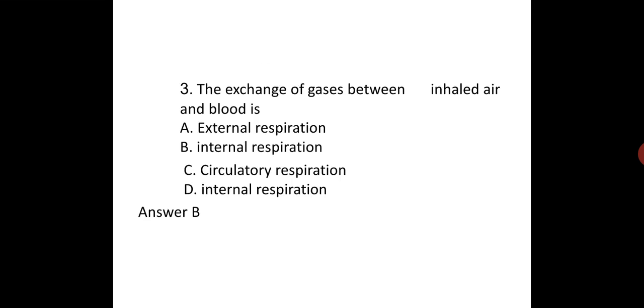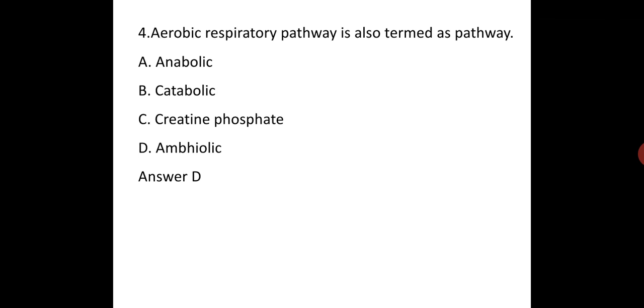The third one is, the exchange of gases between inhaled air and the blood is called internal respiration. So in both B and D I have mentioned internal respiration. So the answer is internal respiration. Next, the aerobic respiratory pathway is also termed as the pathway.